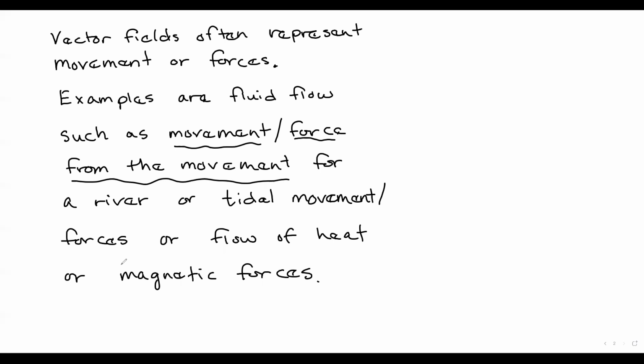The arrows represent the flow of the tide, or, if you were to try and hold steady in a specific spot, the force from that tide pushing against you. That can be extended to other things. It's not just fluids, though fluids are the most common, but heat or magnetic forces could also be represented with vector fields.